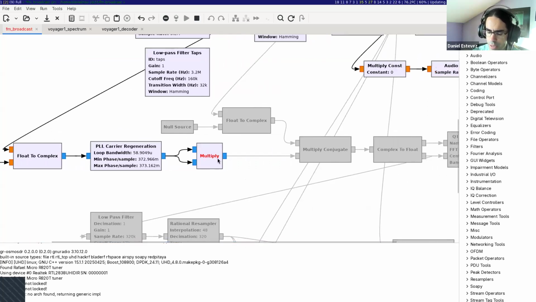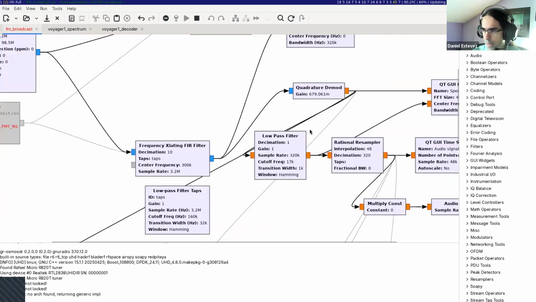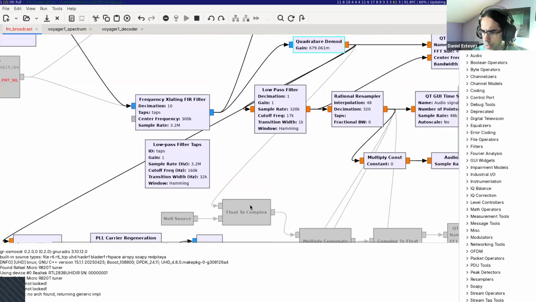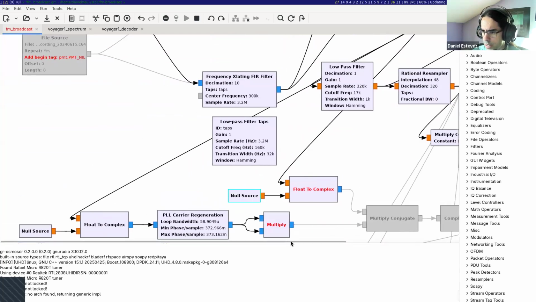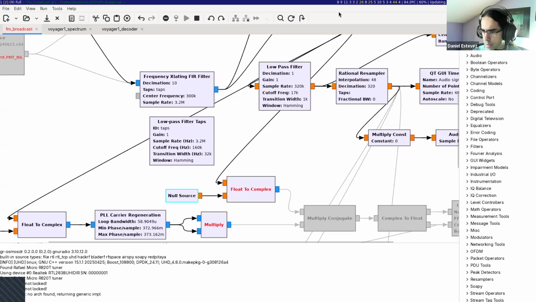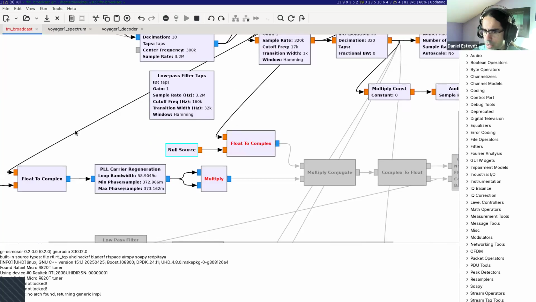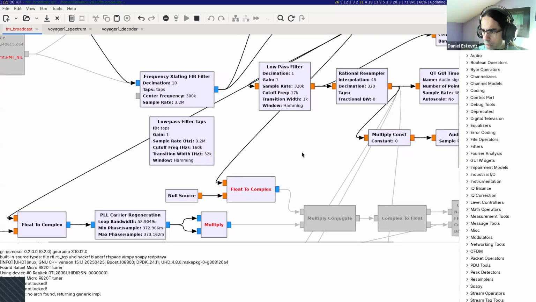In this way, we generate a 38 kilohertz tone, which is derived from the pilot tone. That's very important. It cannot be any 38 kilohertz tone. And then what else? We also convert our signal here. I don't know why I have a second float to complex, since this is exactly the same thing twice, but anyhow, it doesn't matter.